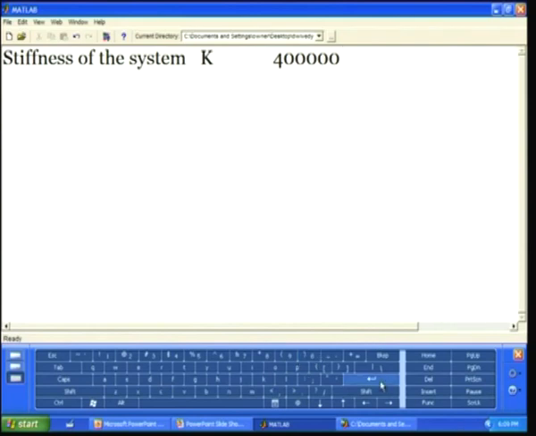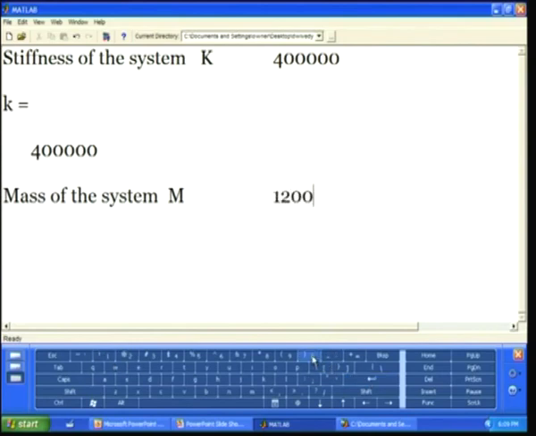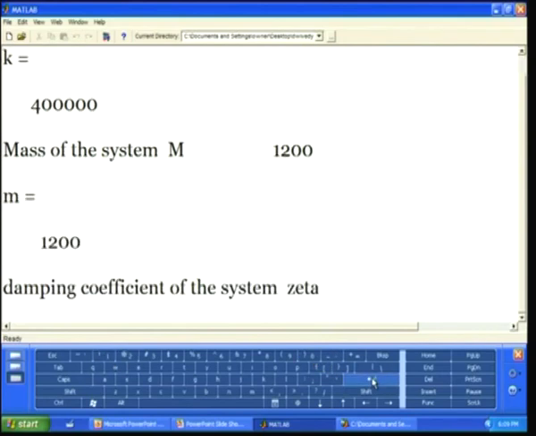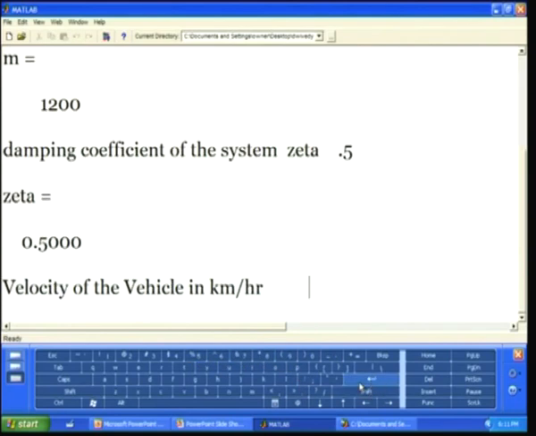This is the stiffness of the vehicle. Then let us give the mass of the vehicle, the mass is 1200. Then for the damping coefficient, let us see the case for different damping cases, zeta equal to 0.5. Now, let us give the velocity of the vehicle equal to 50 kilometer per hour.